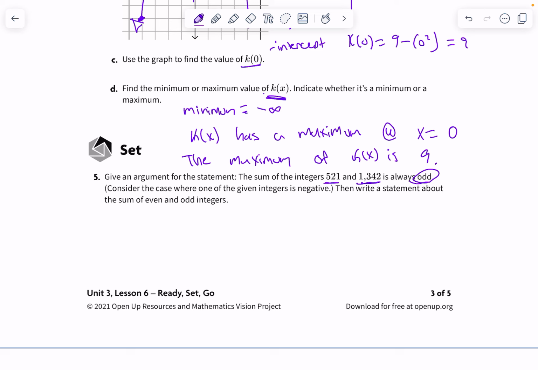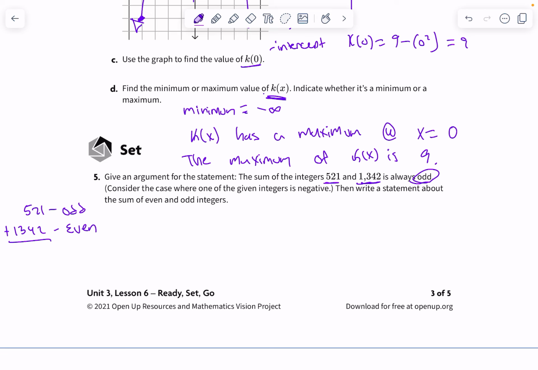Okay, so let's think about what exactly 521 is. Is 521 an odd number? So 521 is odd, and 1342 is even. So let's actually find the sum of them.